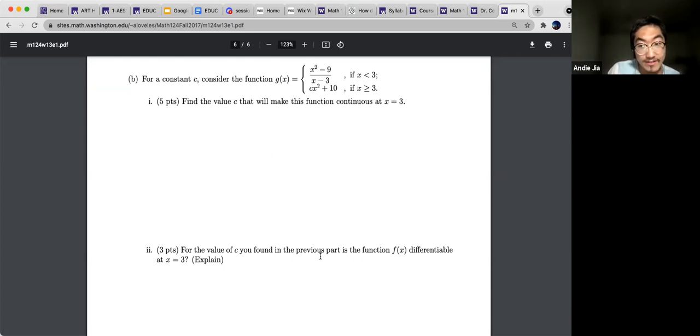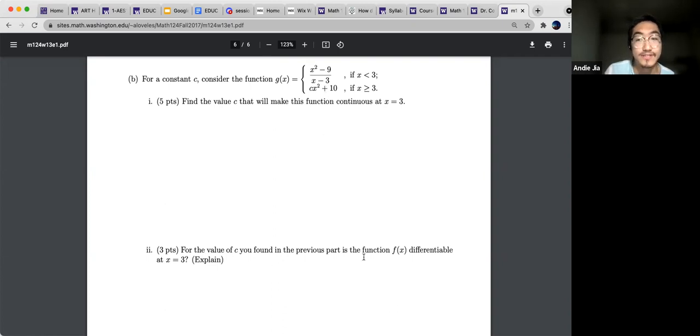For the values you found in the previous part, is the function f of x differentiable at x equals 3? For here, at x equals 3, it is 6x plus 10. The c is 6, so here you have a 6.